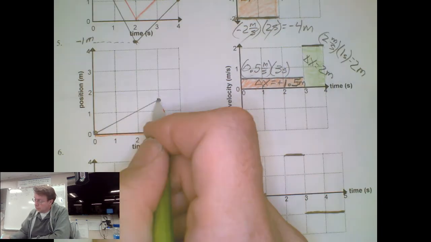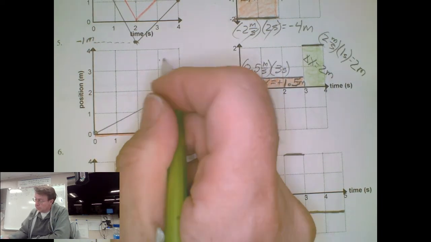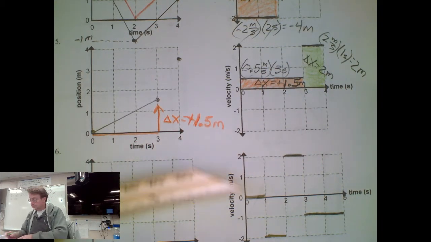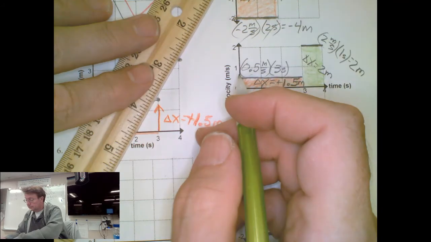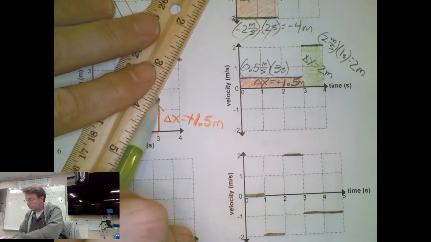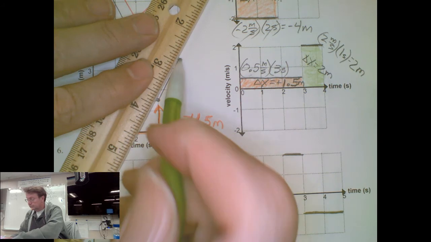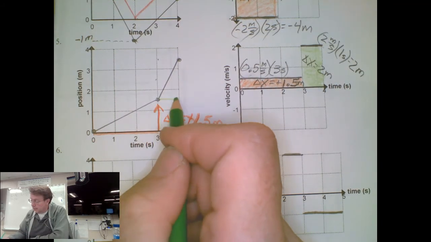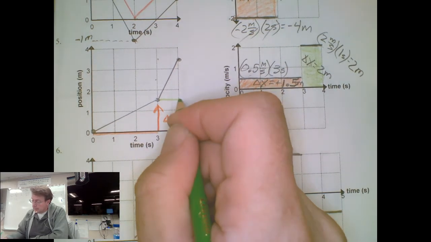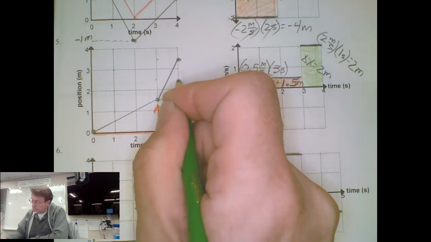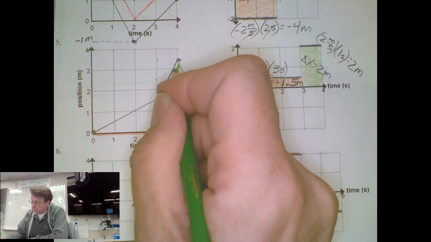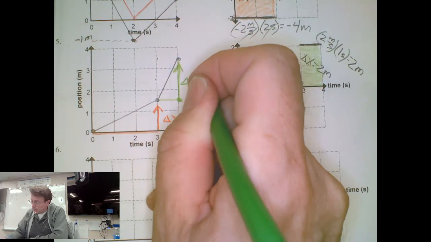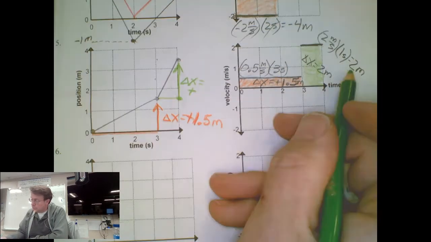So starting here, going up 2 meters gets me to here. So just to be clear, in 1 second, I have a displacement upwards of plus 2 meters.